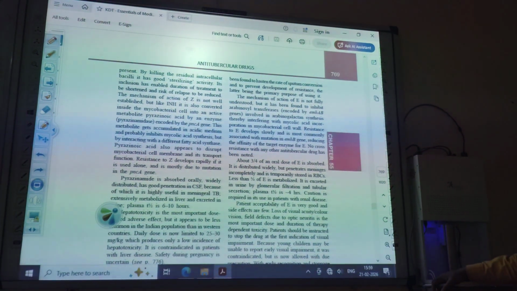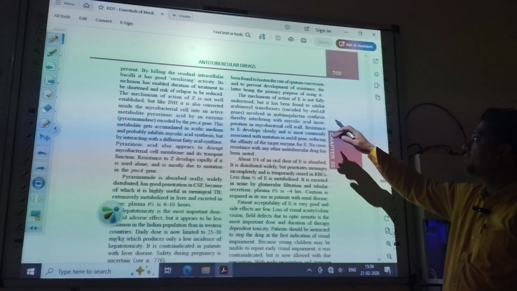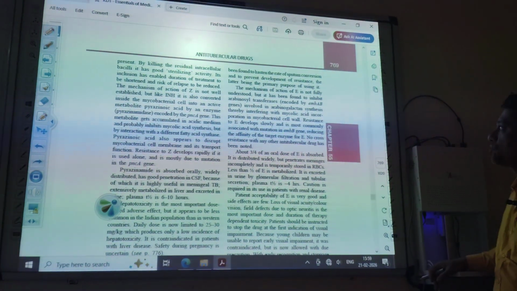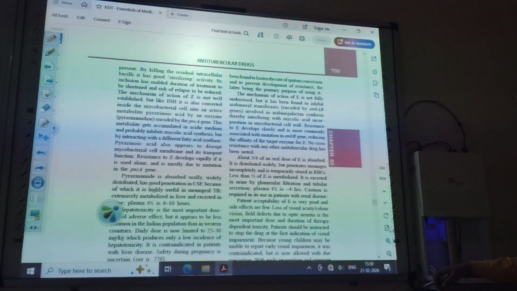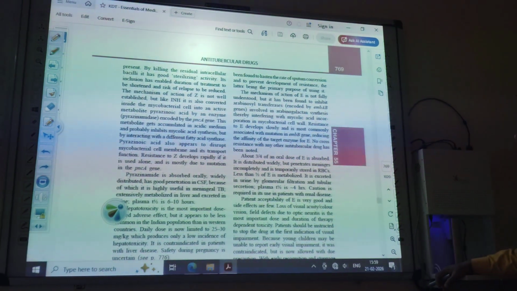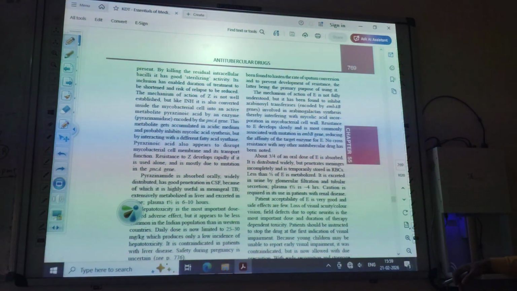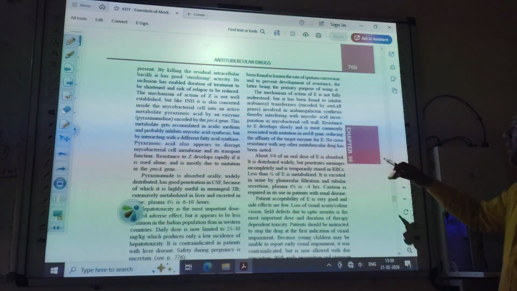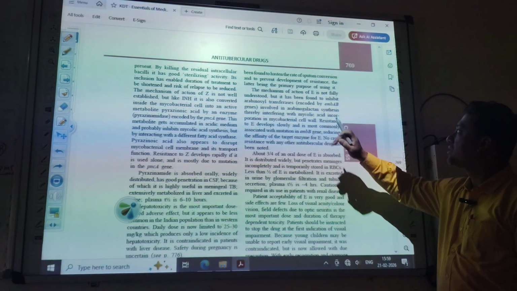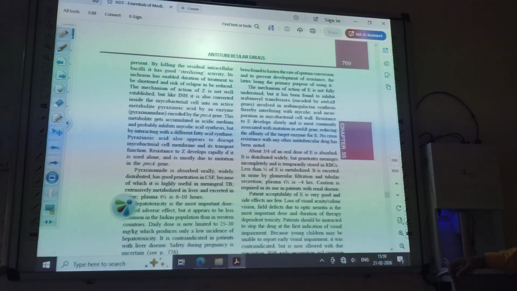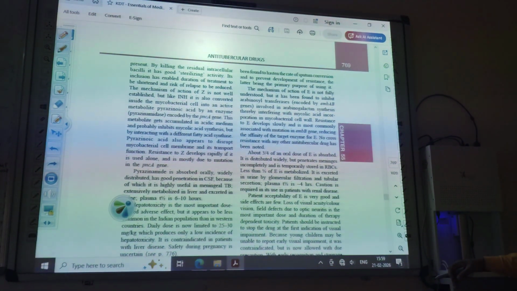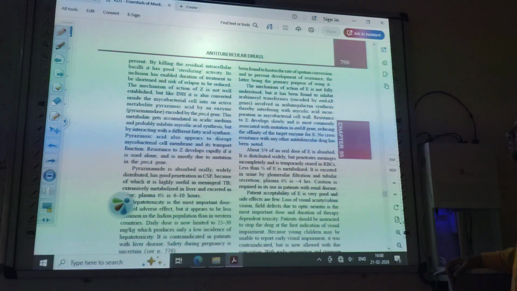The mechanism of action of ethambutol is not fully understood, but it has been found to inhibit arabinosyl transferases encoded by the EMB AB genes involved in arabinogalactan synthesis.